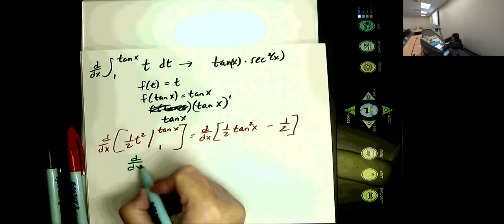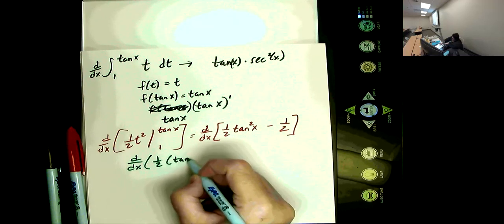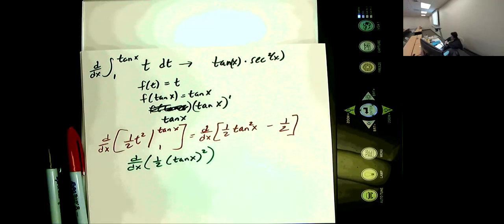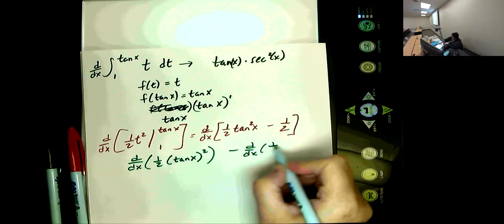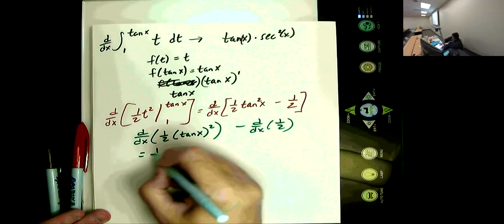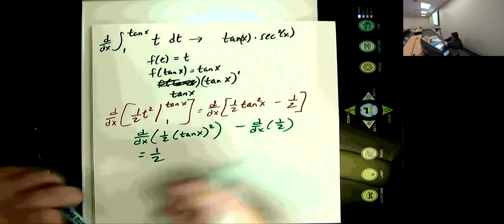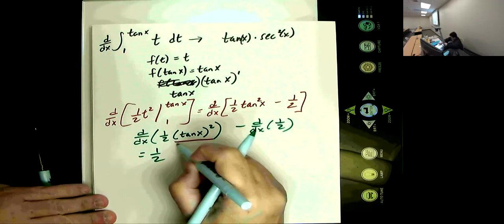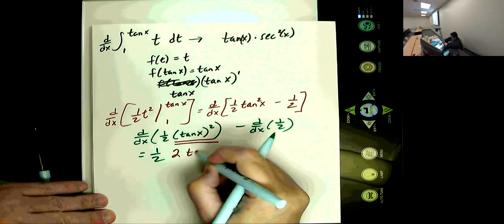So it might be easier to recognize that tangent, that square, is like that. So we have to do a chain rule. We do 1/2 times the derivative of this, which is 2 tangent x.